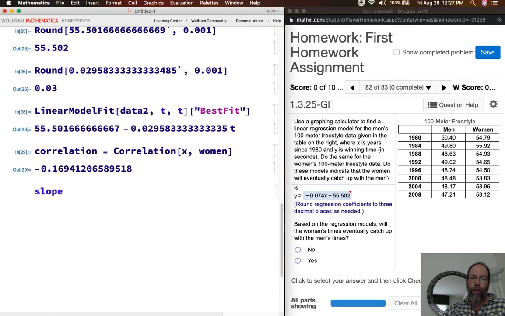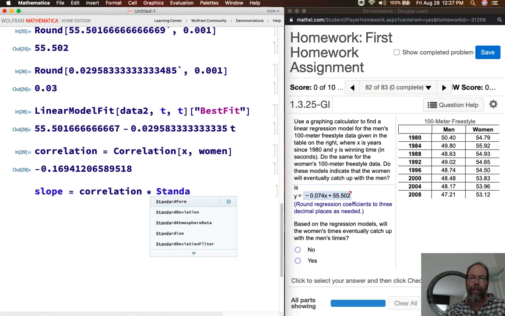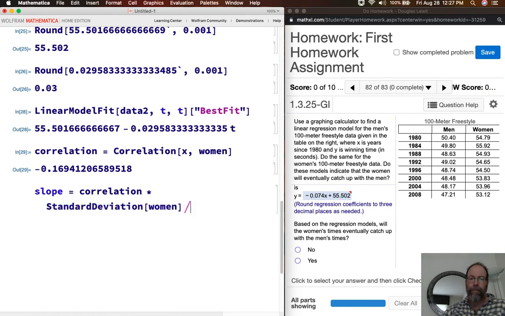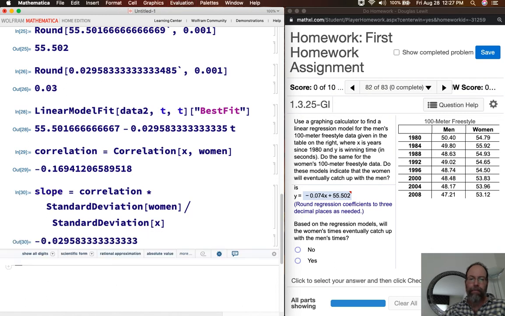The slope is going to be equal to the correlation times the standard deviation of the women divided by the standard deviation of X. All right, I'm getting the same answer the other way, which means that Pearson's answer is very suspicious. I have a feeling Pearson's answer is a little bit wrong.